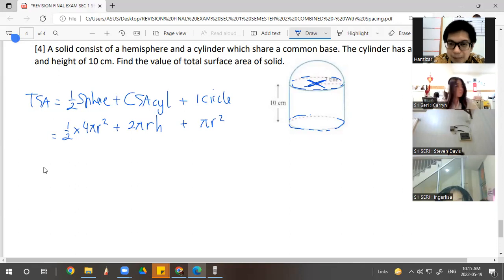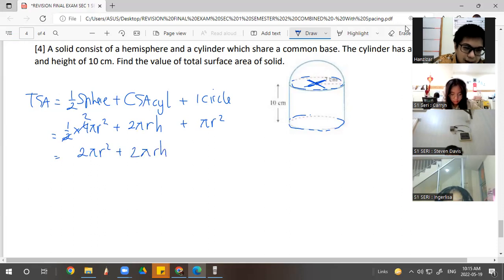Okay, the base radius is 7 centimeters. Before we do this, we try to make it simple. So 2 pi r squared plus 2 pi r height plus pi r squared. The pi can be changed into either 3.142 for the specific answer or 22/7.